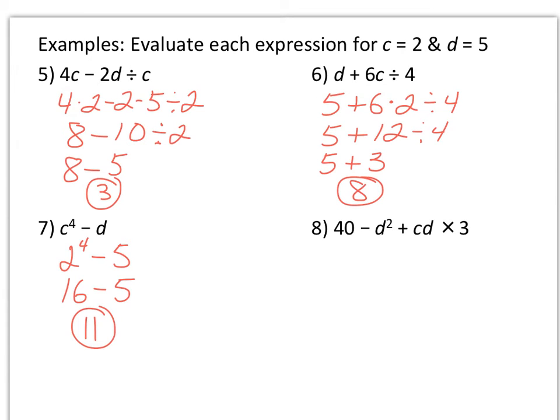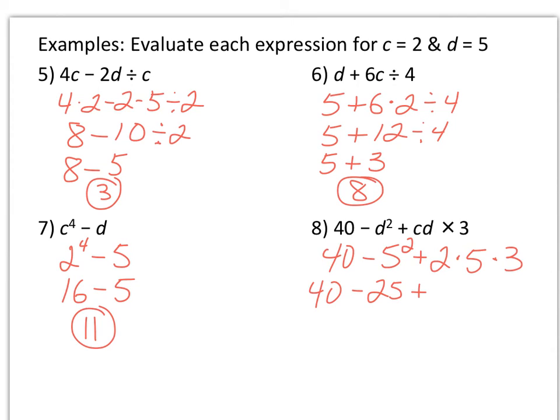Okay, last one on this page. 40 minus 5 squared plus 2 times 5 times 3. So you can use the X for your times symbol, or you could use a little dot. All right, let's simplify exponents. So 40 minus 25.